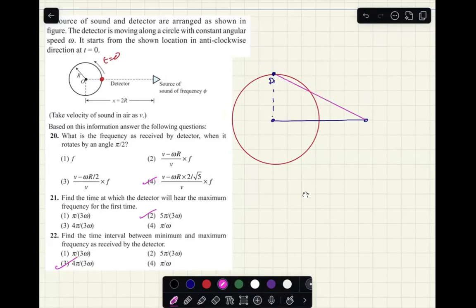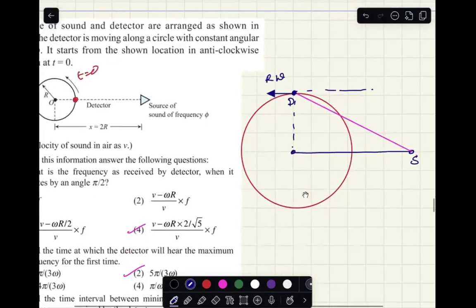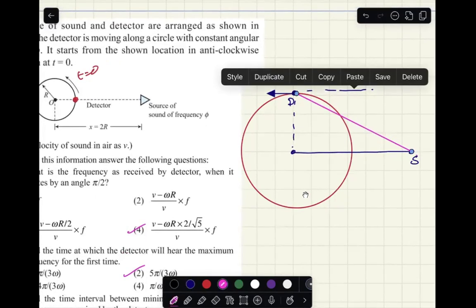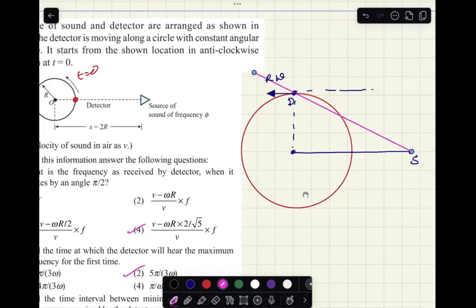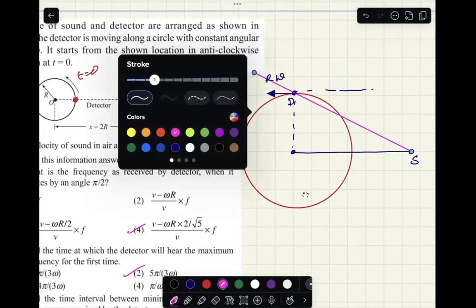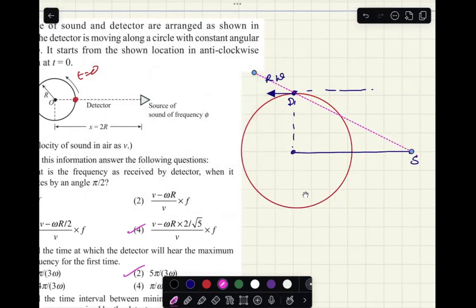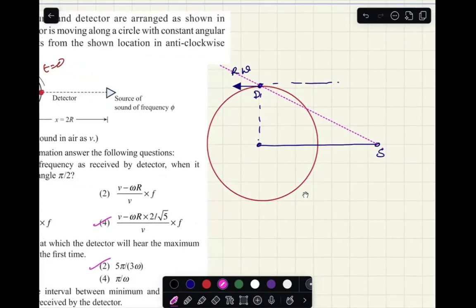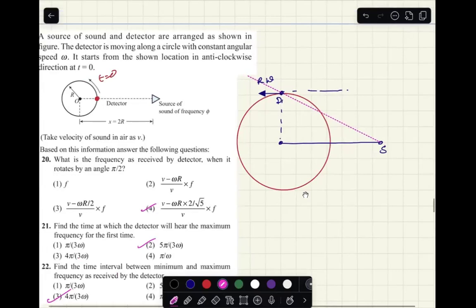This is the line joining detector and source. The velocity of the detector at that instant is r omega in this direction. Please try to understand. You can resolve that into components. Right. Which clearly indicates this is the stage where the detector is moving away from the stationary source.